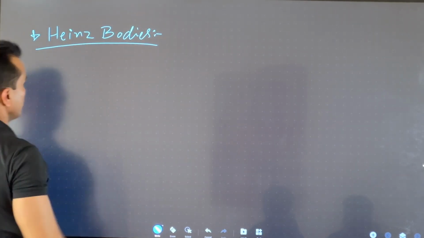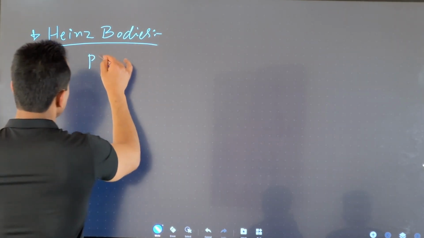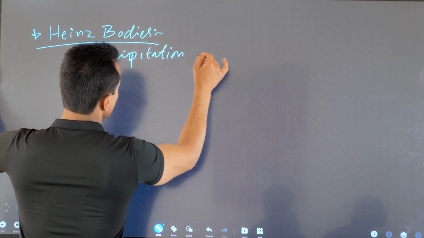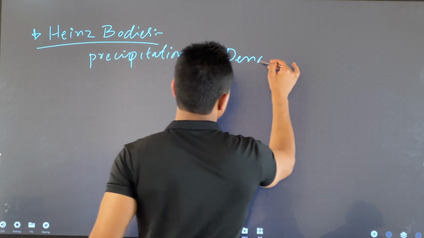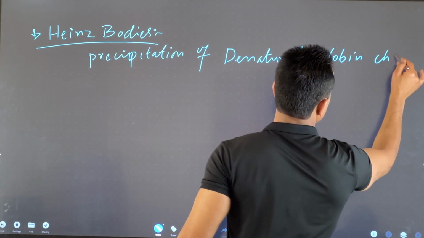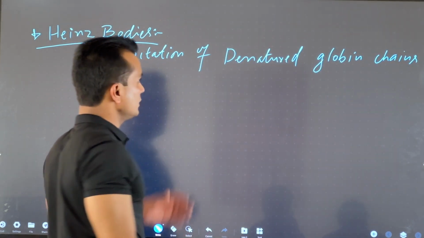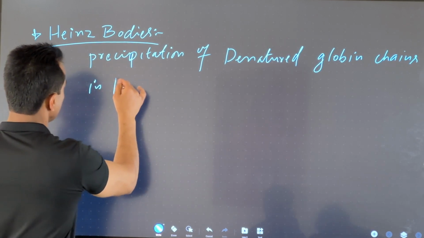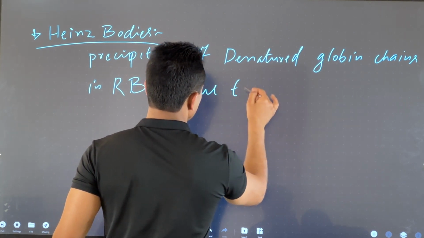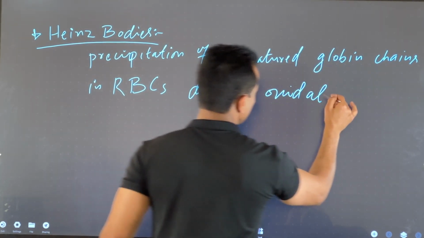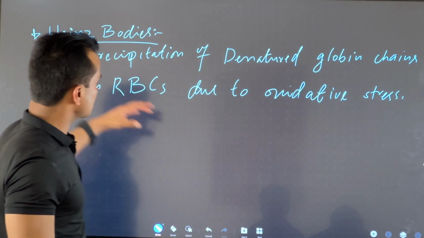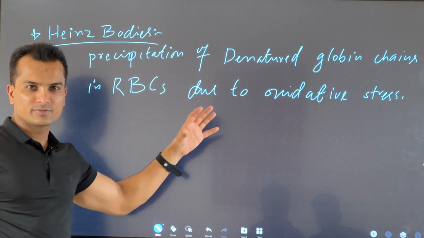Write please: precipitation of denatured globin chains in red blood cells due to oxidative stress. So these globin chains inside the red blood cell are called Heinz bodies.